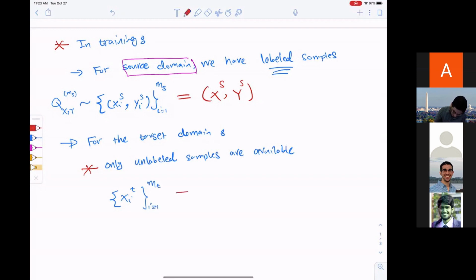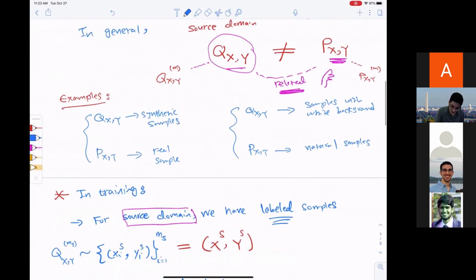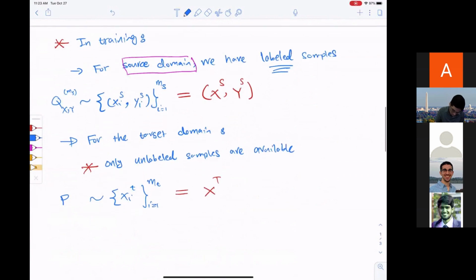Again, for simplicity, I'm going to show this whole set with X_T, for the target domain. So what is the distribution that these samples are coming from? PX. Remember, PXY is the joint distribution of my target samples and their labels. I don't have labels, so I'm just going to look at the marginal distribution on x. So they come from distribution PX.